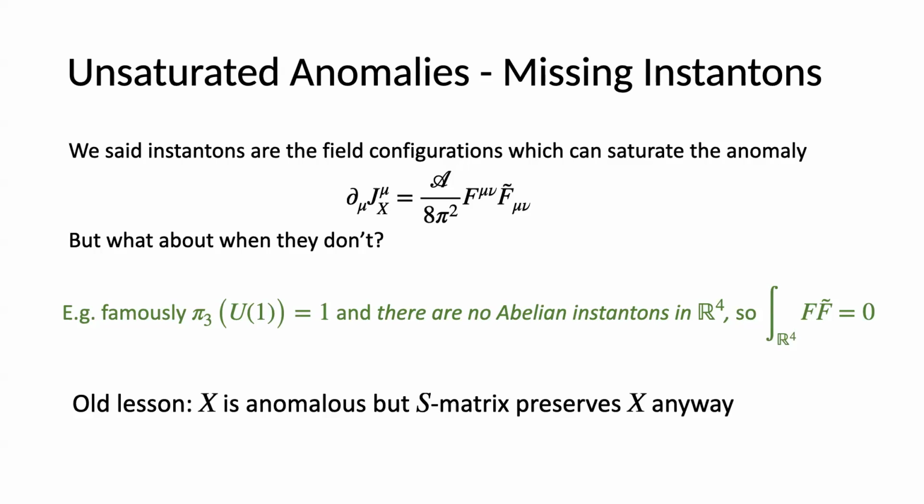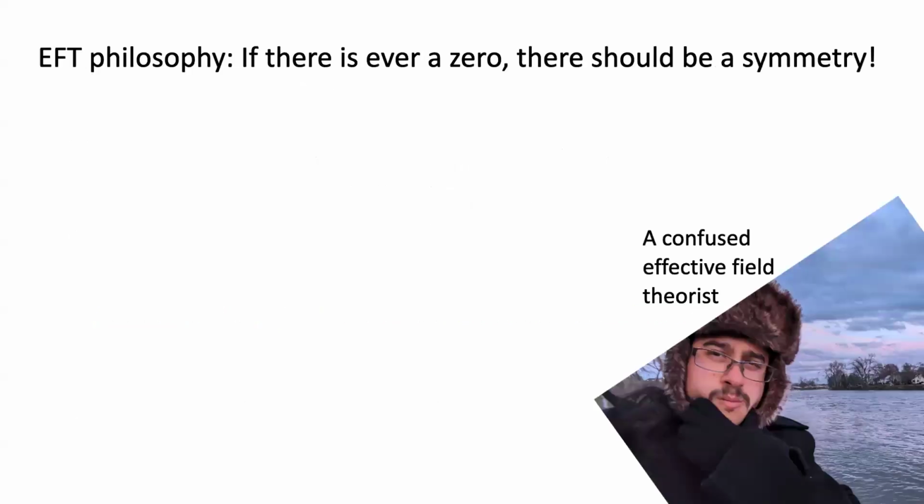And that's not, in a sense, wrong, but in fact there's a better lesson for us to learn here. I'll say, really, we should always have been quite confused by that scenario. Because as effective field theorists, I think you should think that whenever you compute a zero, there must be some sort of symmetry that has dictated that some quantity has vanished.